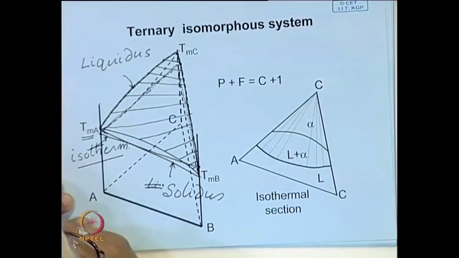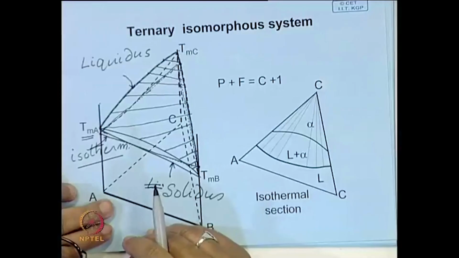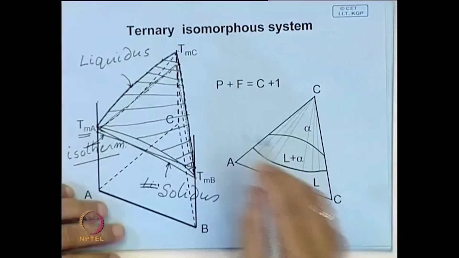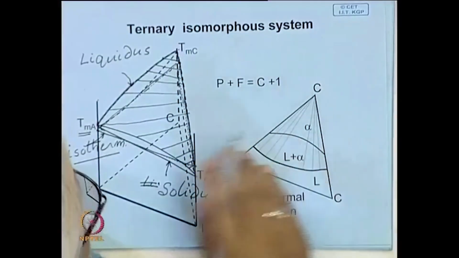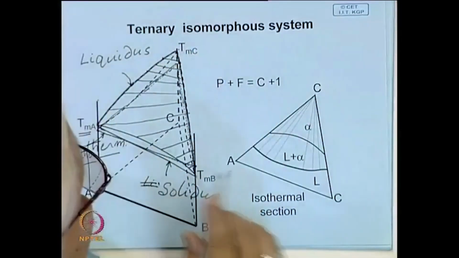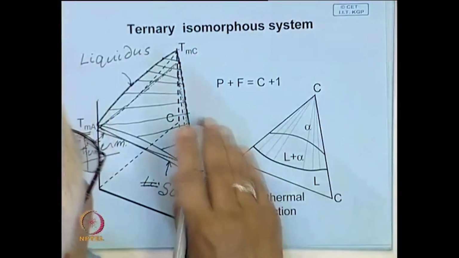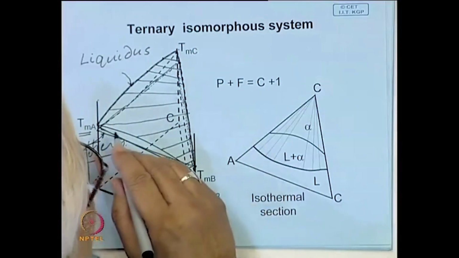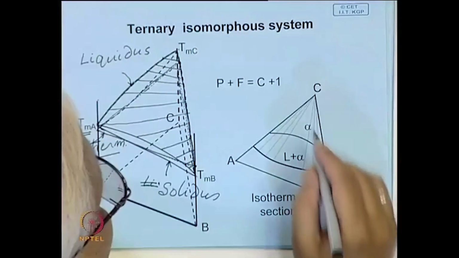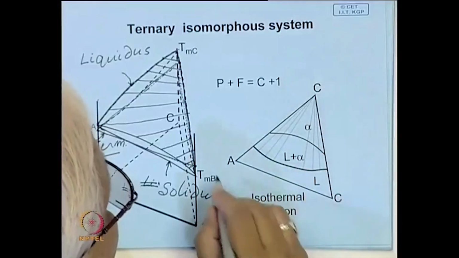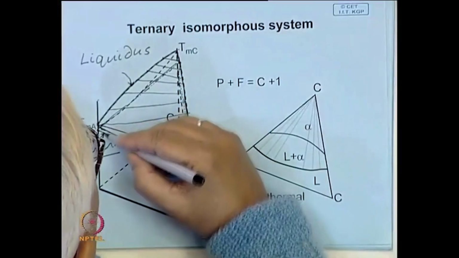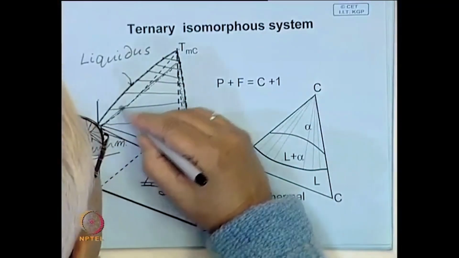Now, look at this. When this plane cuts like this, the AC portion will be solid. One side will cut the solidus line.